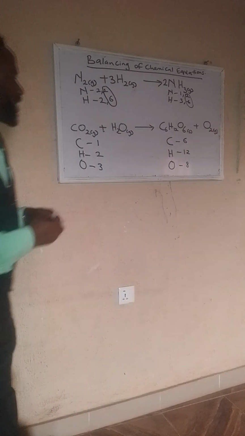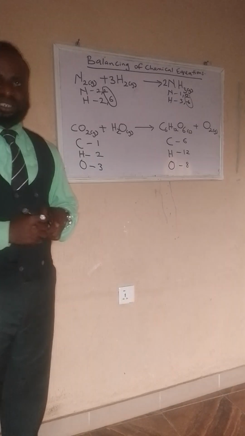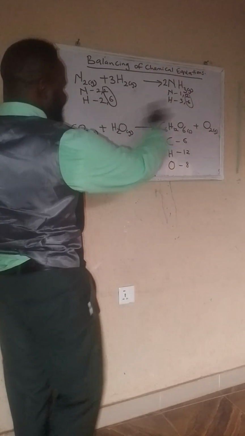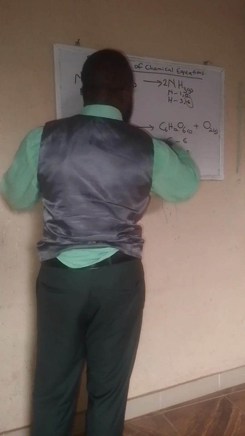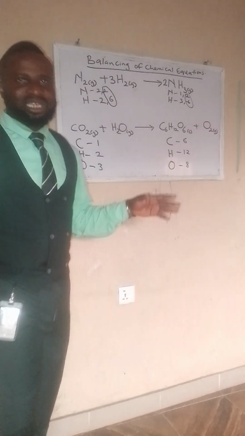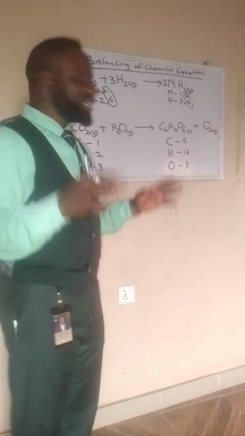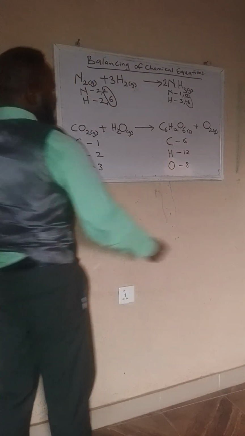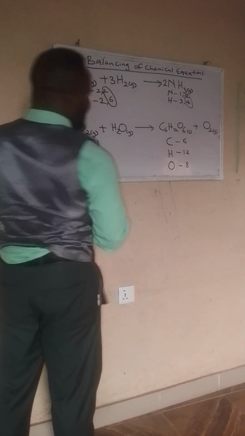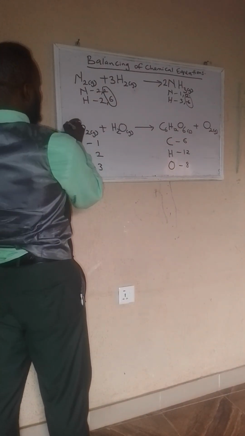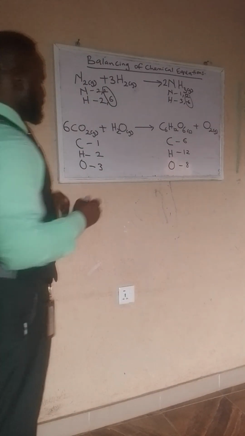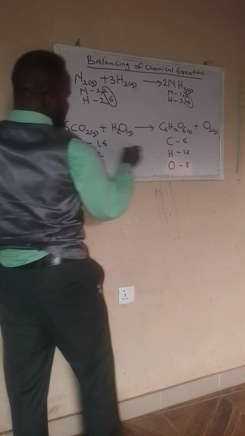So now, I will bring out the best coefficients that will ensure that at the end, the number of each atom must match. That's when the chemical equation is balanced. Since carbon is 6 at the product end here, I can put 6 here. So that way I have 6 carbon and 6 carbon.